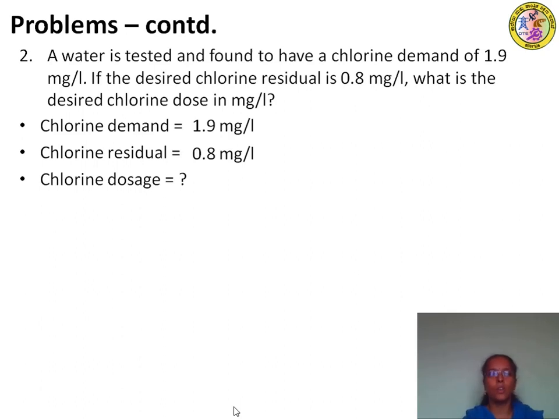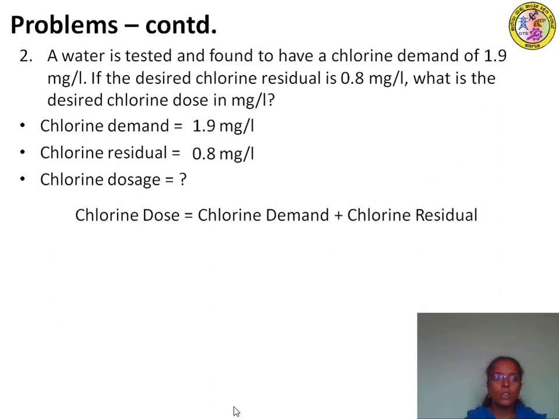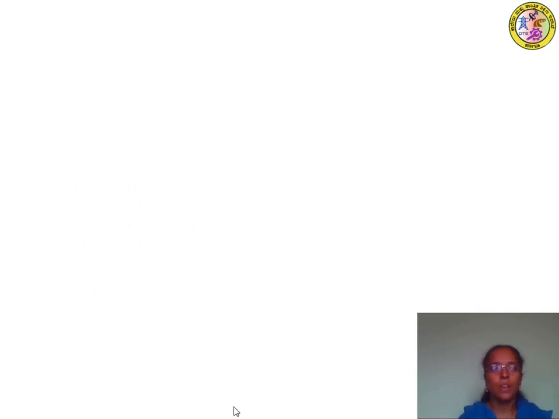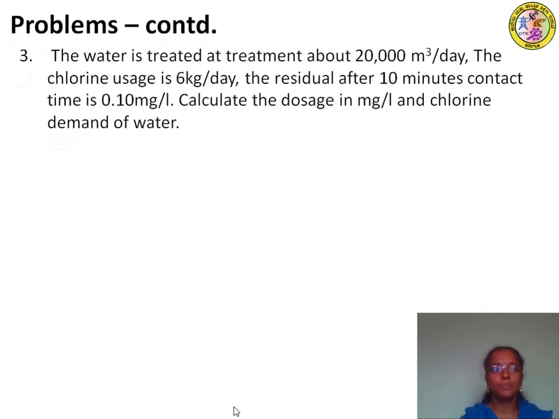There is no need to convert any units now, as all are in milligram per liter. Chlorine dosage is chlorine demand plus residual chlorine, so 1.9 plus 0.8. Therefore, chlorine dosage is 2.7 milligram per liter.